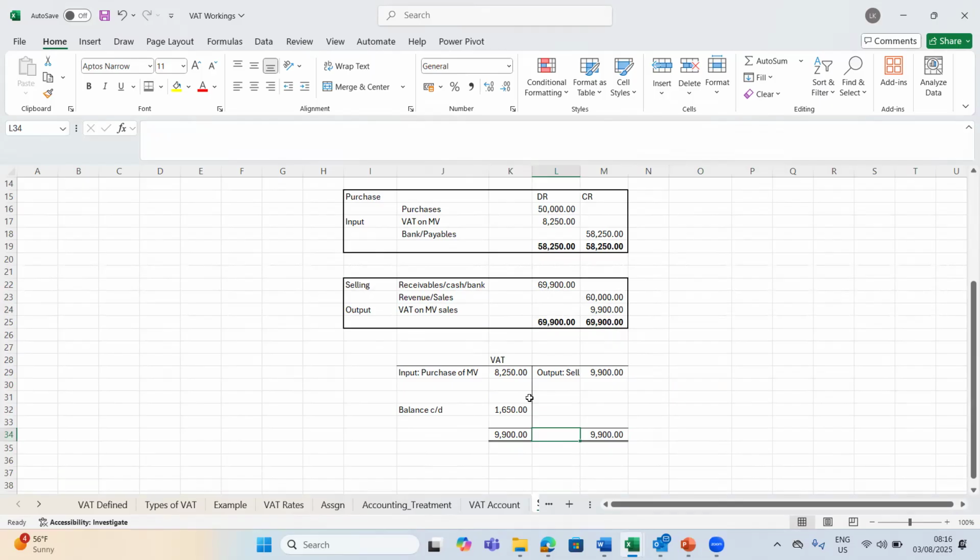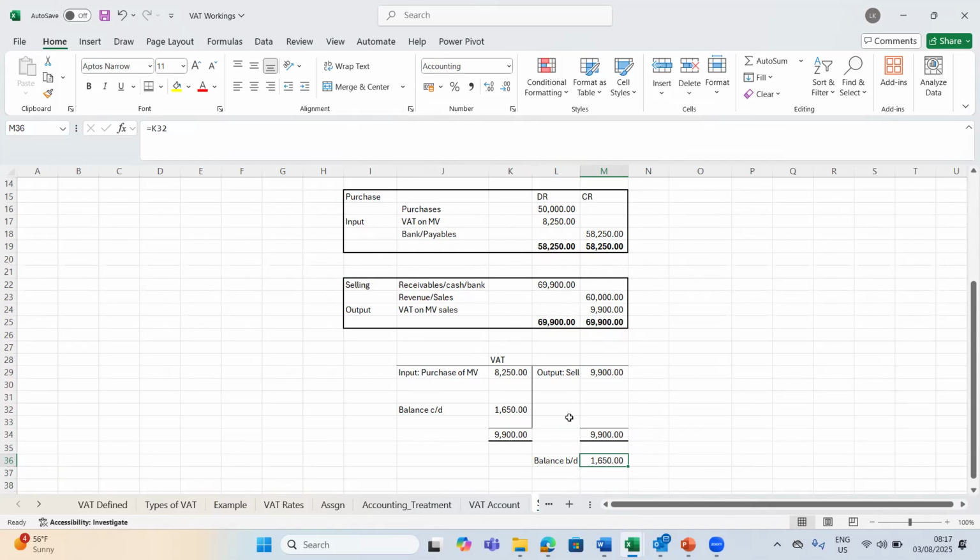Okay. So at the end of the day, the credit has more than the debit, and then opening balances. That will mean the balance brought down in the subsequent period will be how much? It will be 1650. So this credit balance means it is a liability.